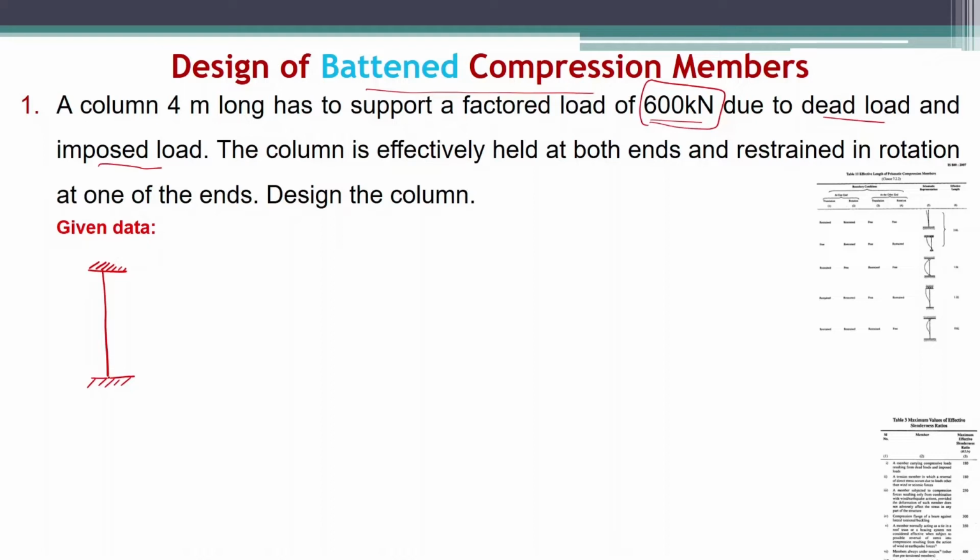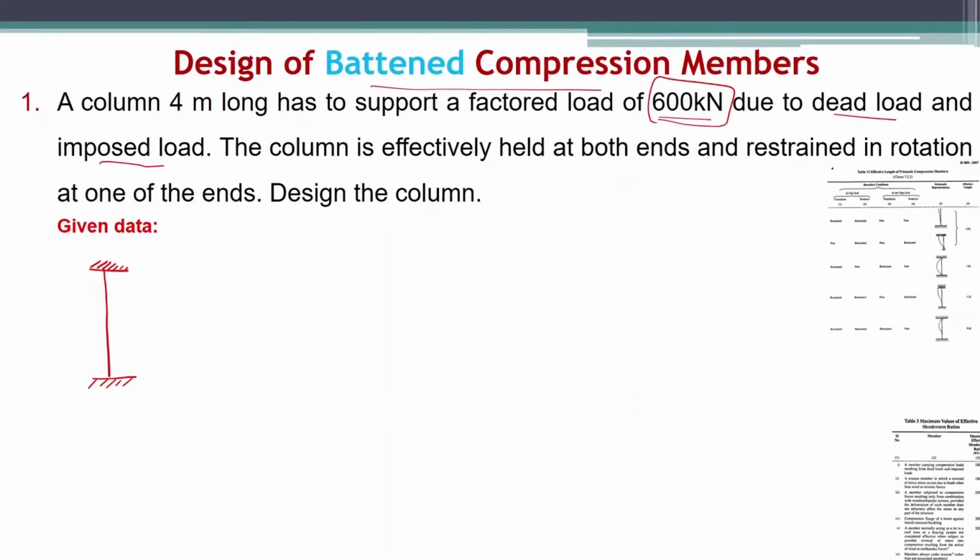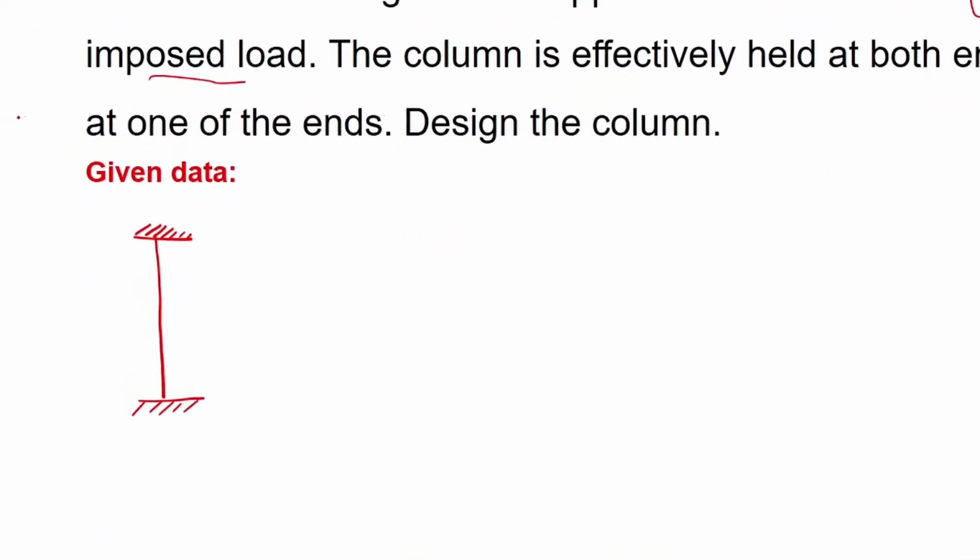So this end is not allowed to move in either direction and restrained in rotation at one of the ends. So one end is restrained against rotation. That means this end is restrained both in translation and rotation as well. But at the other end, only translation is restrained. Now this end is freely allowed to rotate.